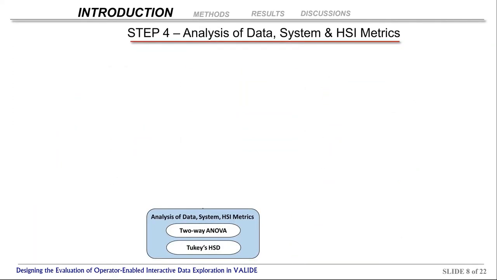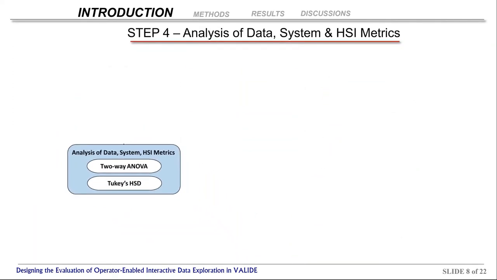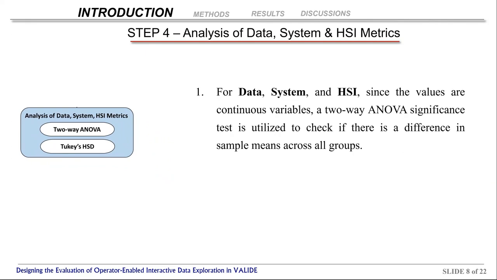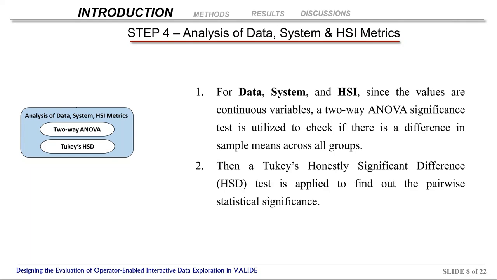The fourth step involves analysis of data, system and HSI metrics. For data, system and HSI metrics, since the values are continuous, a two-way ANOVA significance test is utilized to check if there is a difference in sample means across all groups. Then, a Tukey honestly significant difference test is applied to find out pairwise statistical significance.